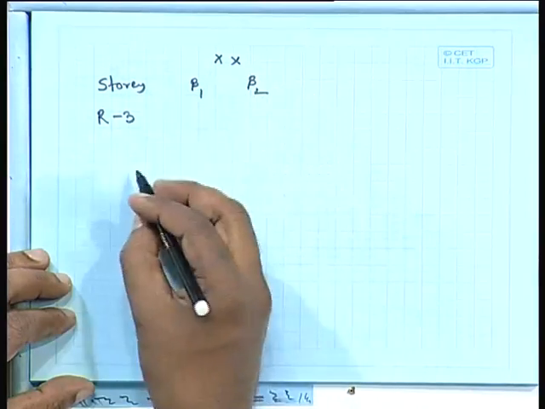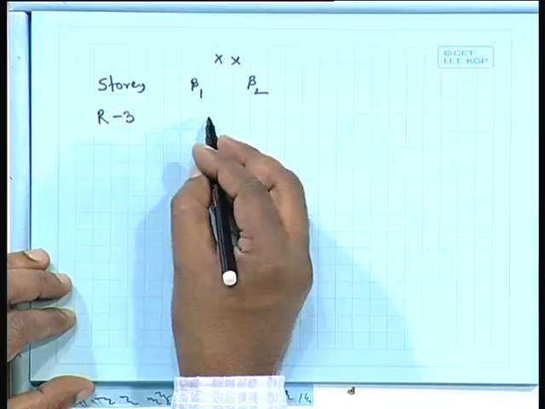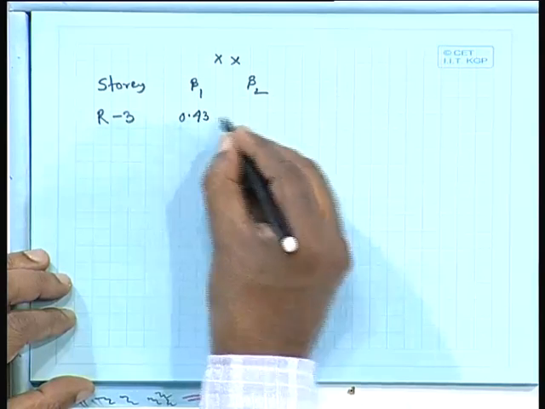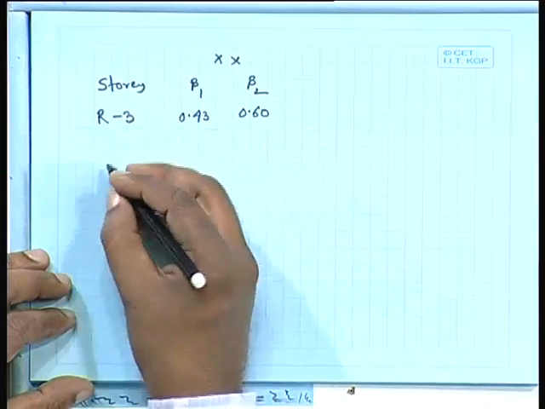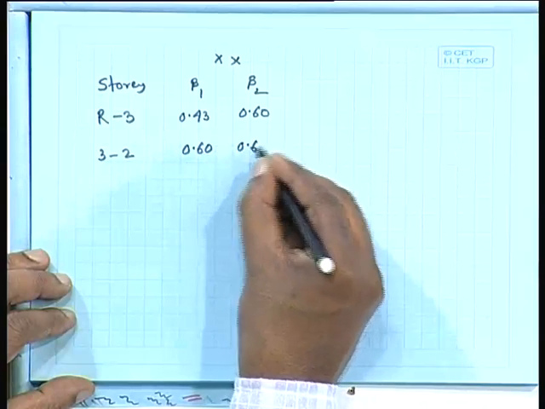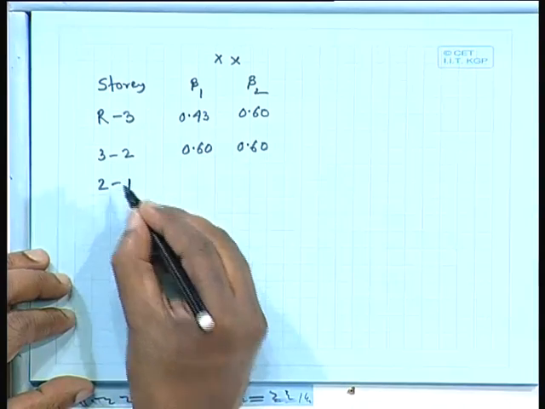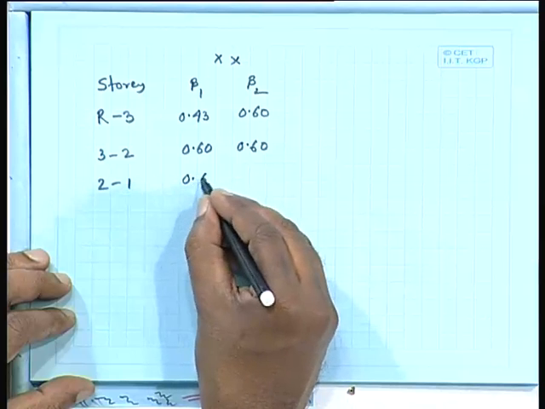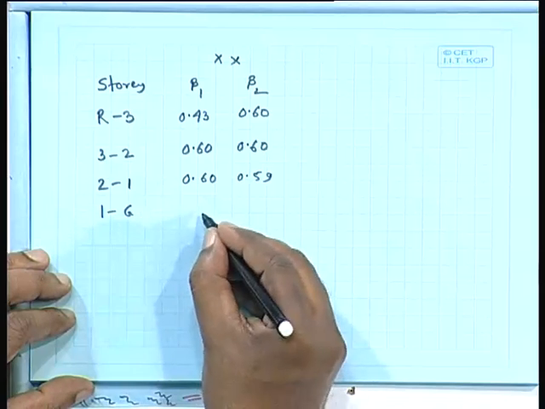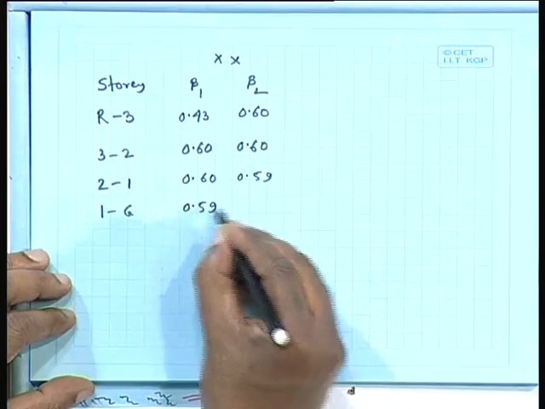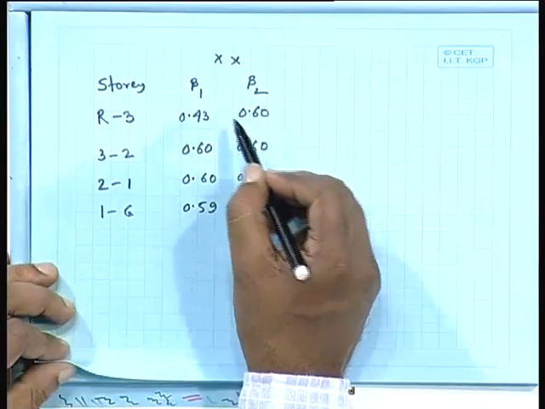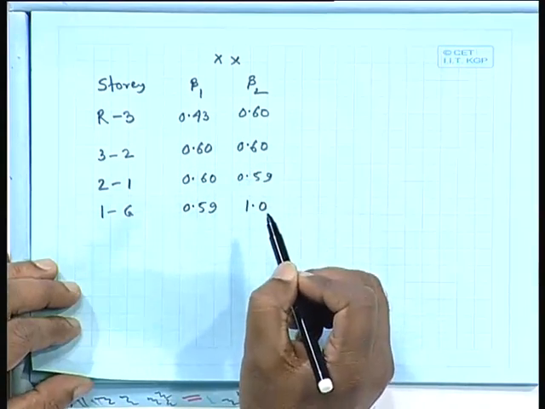So, we can get beta 1 and beta 2 for R3, that is given as 0.43, we have got one case, another 0.60, then 3, 2, both 0.60, 0.60, then 2, 1, again 0.60, 0.59, and 1, ground, that is 0.59, 1.0. These are the different values for top and bottom. So, beta 1 and beta 2 we have got for top and bottom.